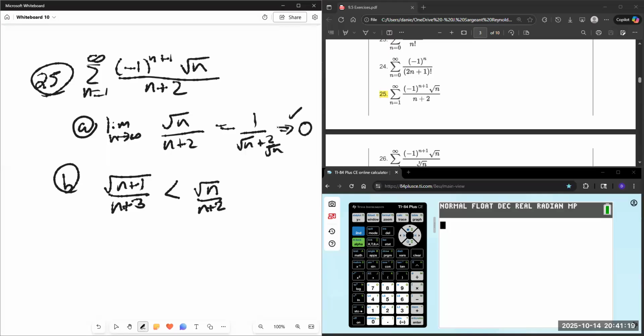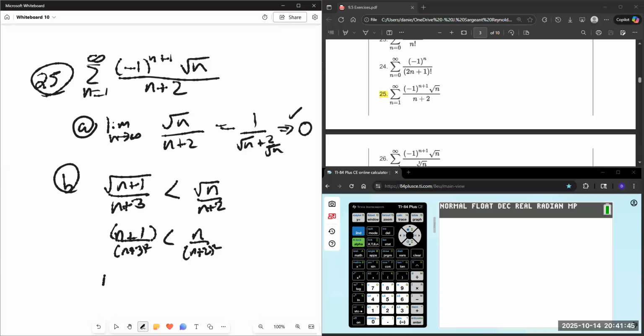So squaring both sides should maintain my inequality here. So n plus 1 over n plus 3 squared less than n over n plus 2 squared. And let's go ahead and cross multiply, which again should preserve my inequality since everything's positive.